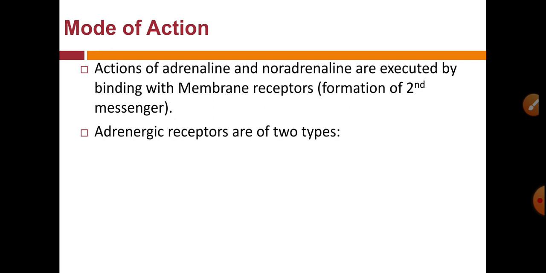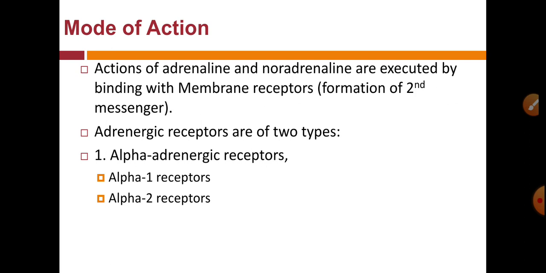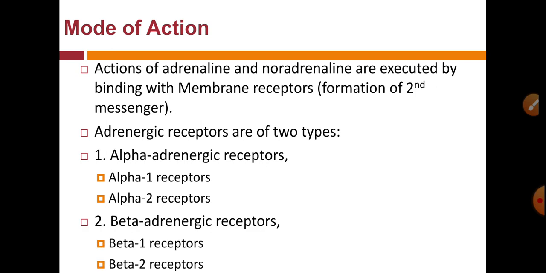Adrenergic receptors, that means receptors which bind with the adrenal hormones adrenaline and noradrenaline, are of two types. First one is alpha adrenergic receptor and second is beta adrenergic receptors.